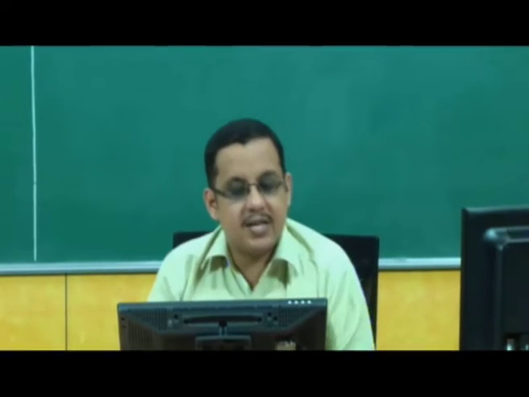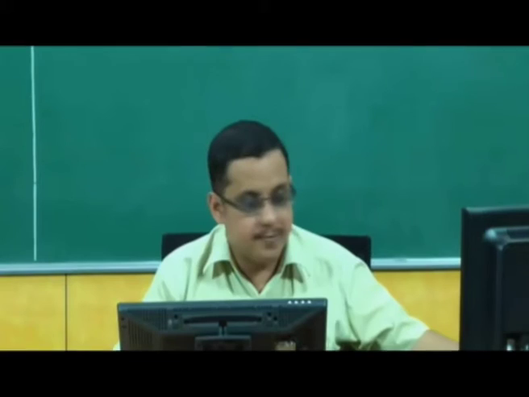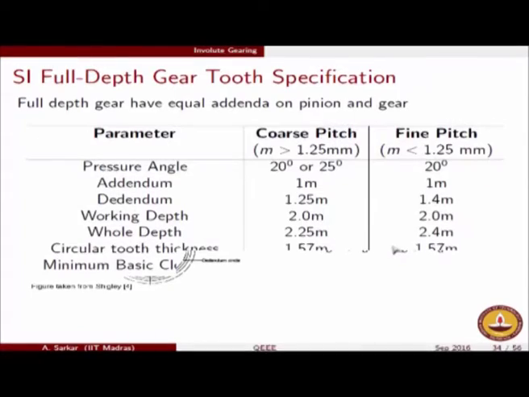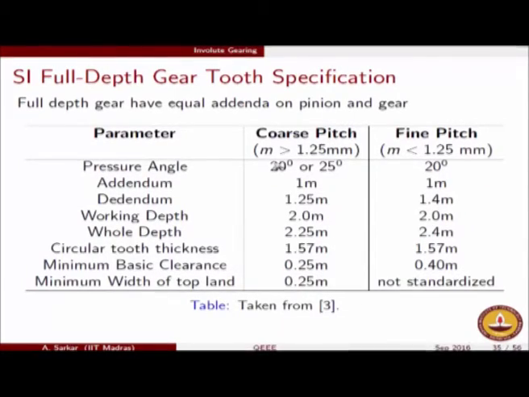CTOR is also asking what is the difference between coarse pitch and fine pitch. I think that is remarked in the slide itself. By coarse pitch we mean module which is more than 1.25 mm, and by fine pitch we mean module which is less than 1.25 millimeters.